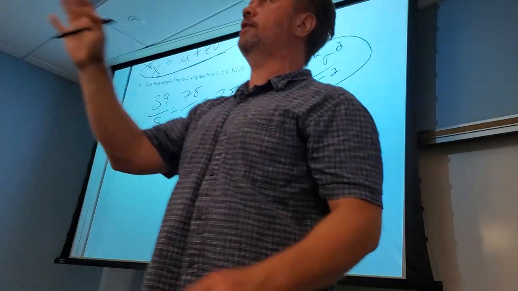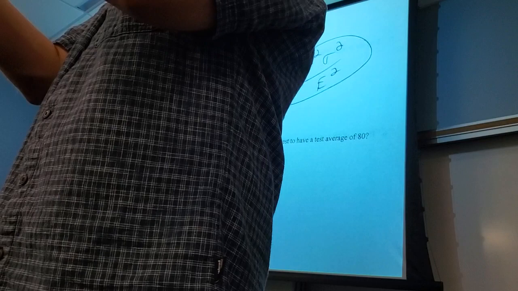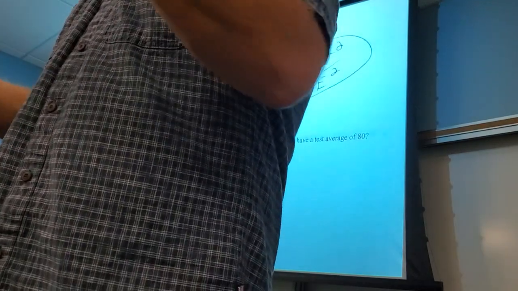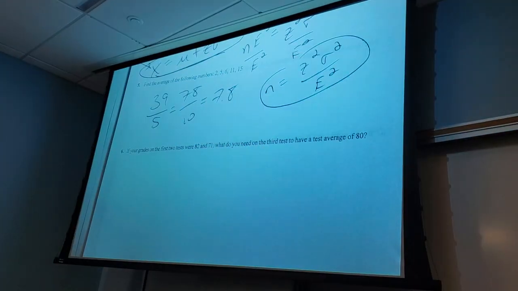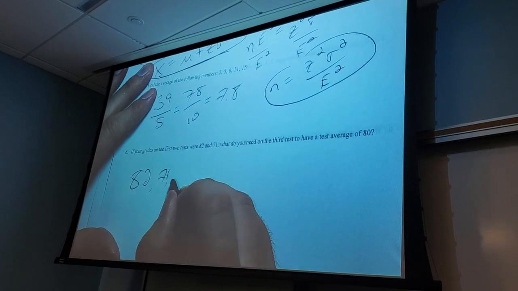Algebra just says, let's pretend for a moment that we know this unknown thing. Let's call it x. And then we do to it what we would do if we knew what the number was. You pretend like you know the answer, you do things to it, and then you solve for it, and then you know the answer. So our 3 test grades are 82, 71, and x.